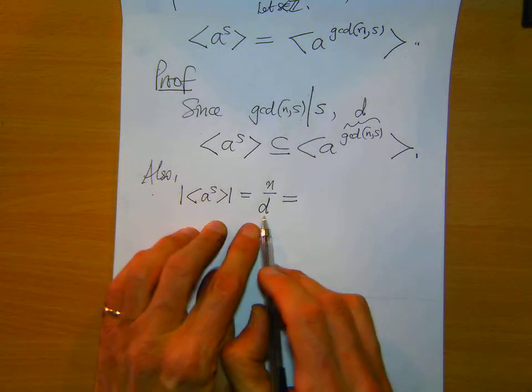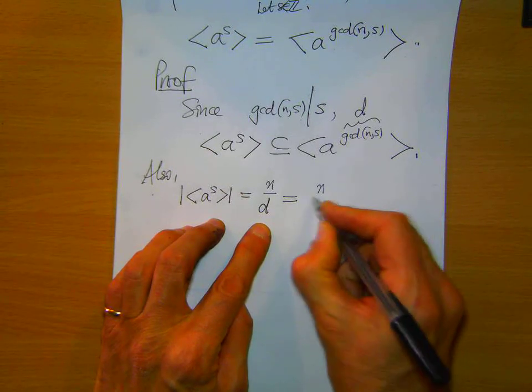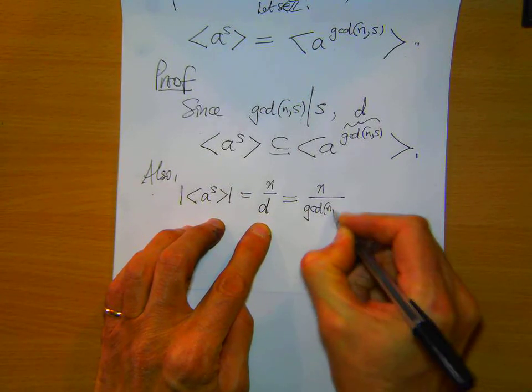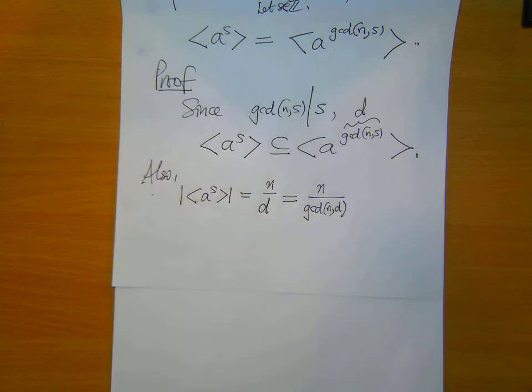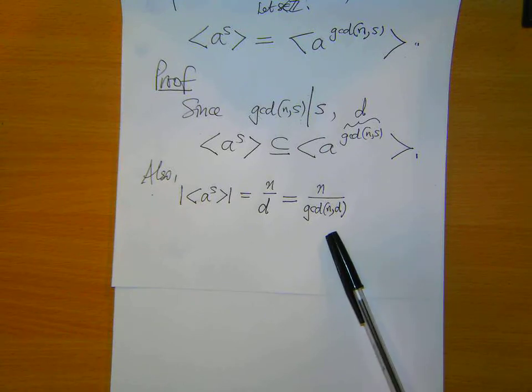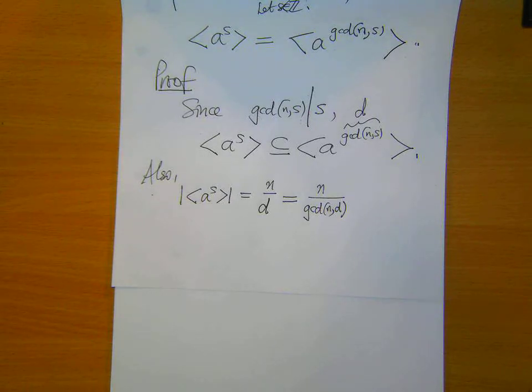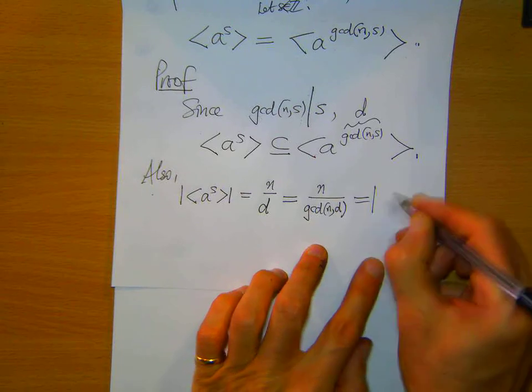But since d is a divisor of n, I could write d as the greatest common divisor of n and d. I mean, you wouldn't want to do that usually, but it's useful here. So what I'm saying is, d is a divisor of n, so the greatest common divisor of n and d is actually d. So we add that, for instance, with 4 and 2. So I'm writing d as the greatest common divisor of n and d, but what's this? By the formula in the previous proposition again, this is the order of a to the d.